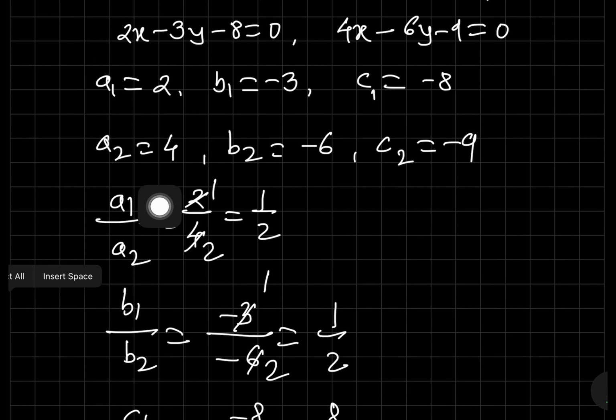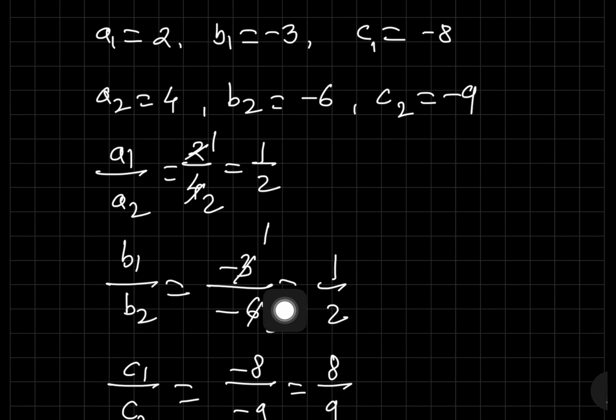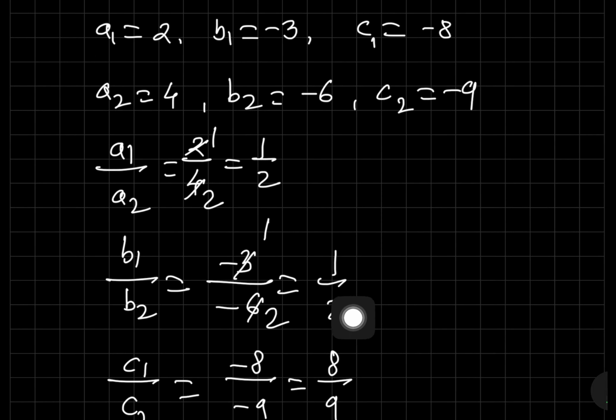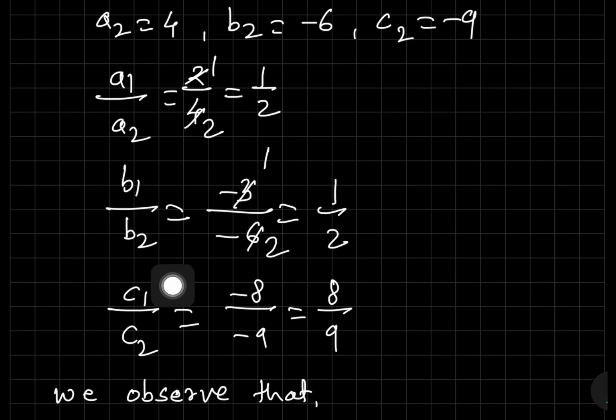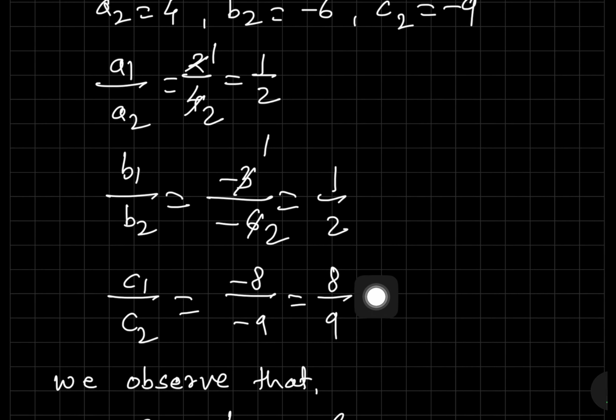Okay, and write in ratio form. a1 upon a2 is 2 upon 4, so reduced form 1 upon 2. b1 upon b2 is minus 3 upon minus 6, minus becomes plus, 3 1s are 3, 3 2s are 6, 1 upon 2. Then c1 upon c2 equal to minus 8 upon minus 9, minus becomes plus.